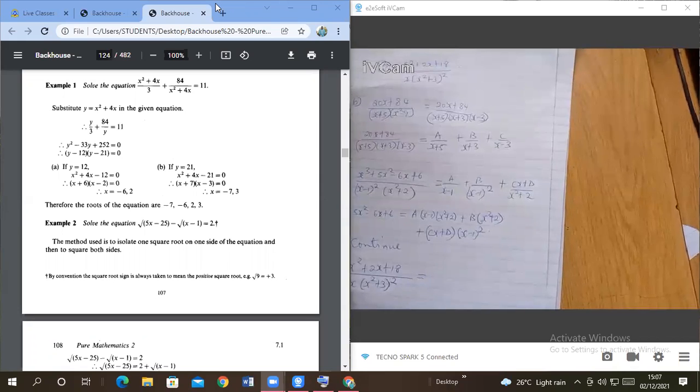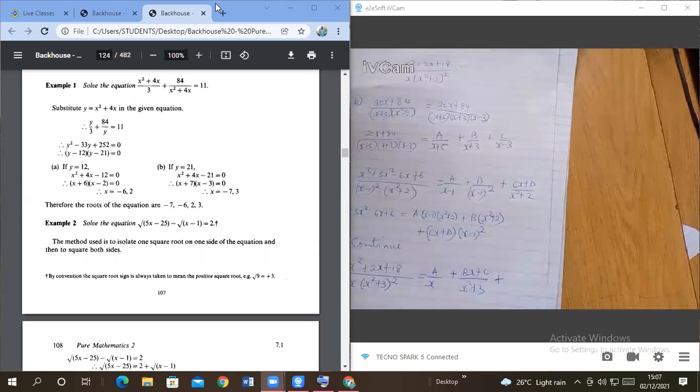We said the x is of degree 1, so it is linear, so it takes on a over x. Now, quadratic, we are going to have bx plus c over x squared plus 3 for the first time. So what should be the third one? Who can tell us?